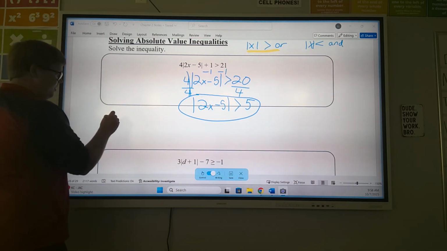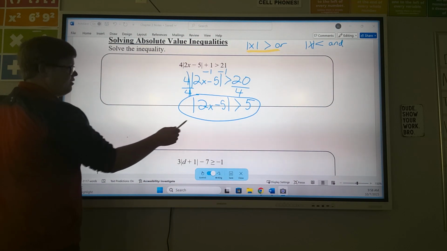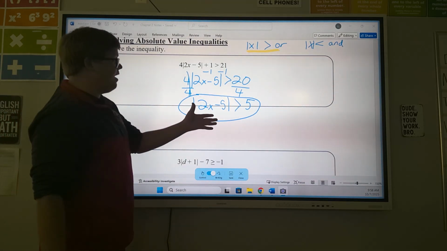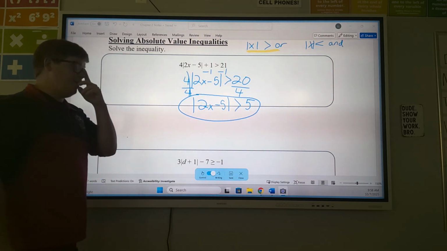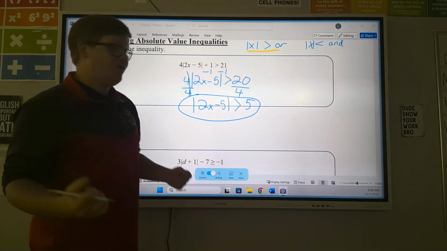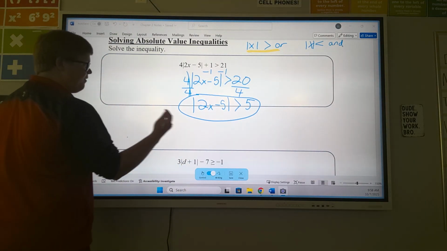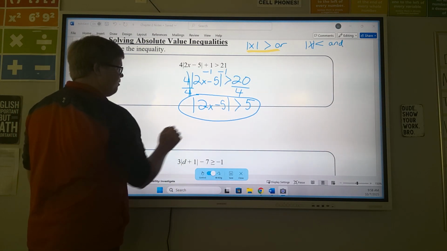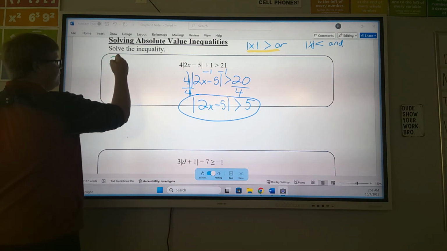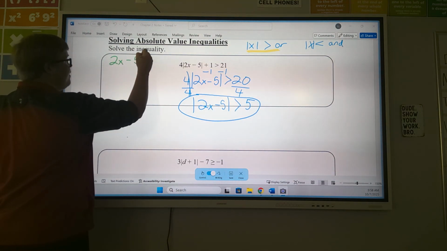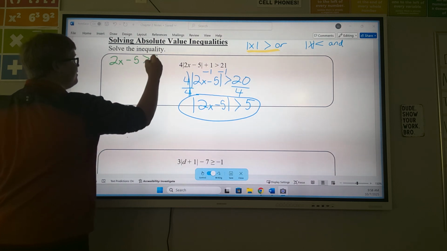Now we discussed earlier that our sign makes it an or instead of an and inequality. So that means we have to write two different equations. So the first equation, we can literally copy and paste what we have. We have 2x minus 5 is greater than 5.